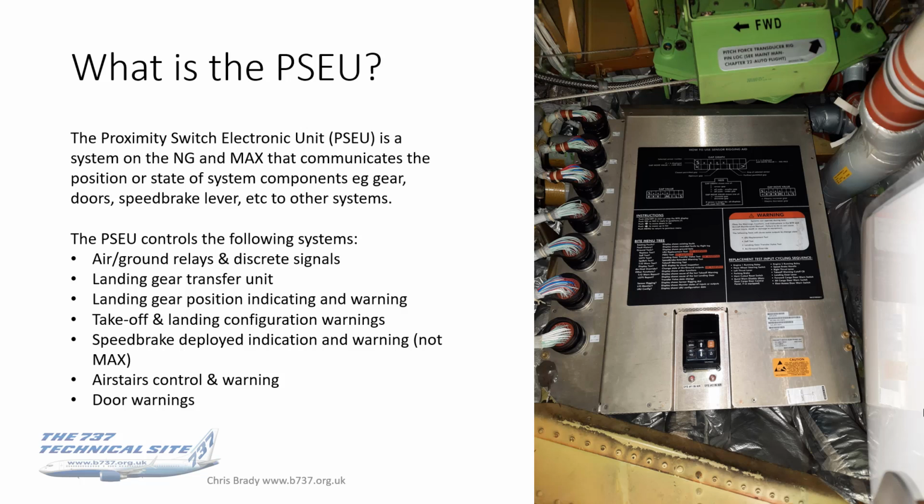And it directly controls the following systems: air-ground relays and discrete signals, the landing gear transfer unit, or transfer valve as the engineers call it, landing gear position indicating and warning, takeoff and landing config warnings, the speed brake deployed indication and warning, but not on the MAX, Airstairs control and warning, and door warnings.